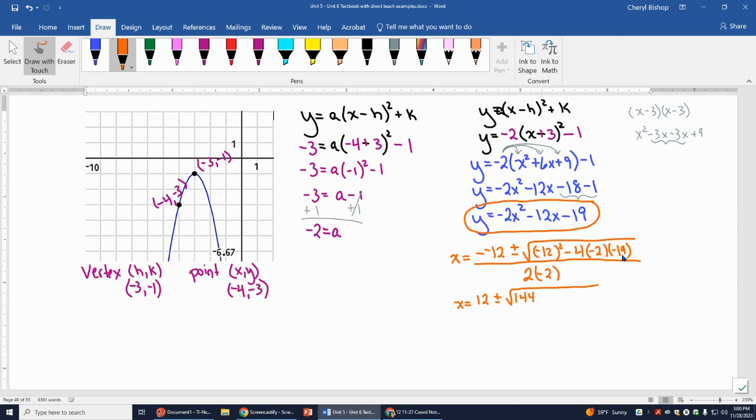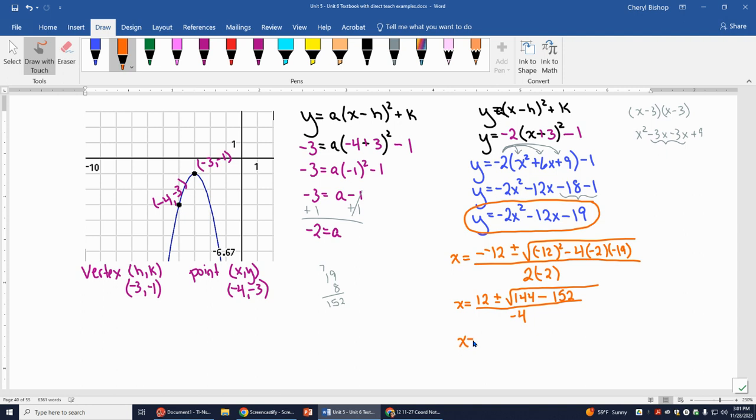And then 4 times 2 times 19, negative. Three negatives means it's going to stay negative; 2 of them will turn positive, but I'll have 1 left. 4 times 2 is 8, and 19 times 8 is 152. Over 2 times negative 2, which is a negative 4.